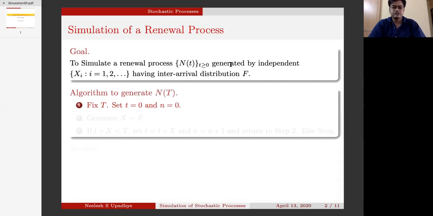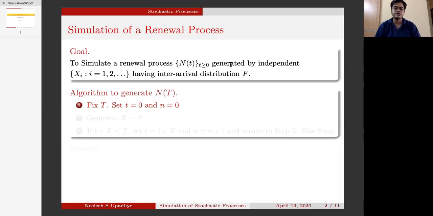As we can understand, if I want to simulate a random variable capital N(T), where T is fixed, what are the things that I need to do under this setup? I need to understand that capital T is fixed, and in the beginning there will be some small t, the time counter, that starts with 0, and at 0 no event has happened, so n is equal to 0.